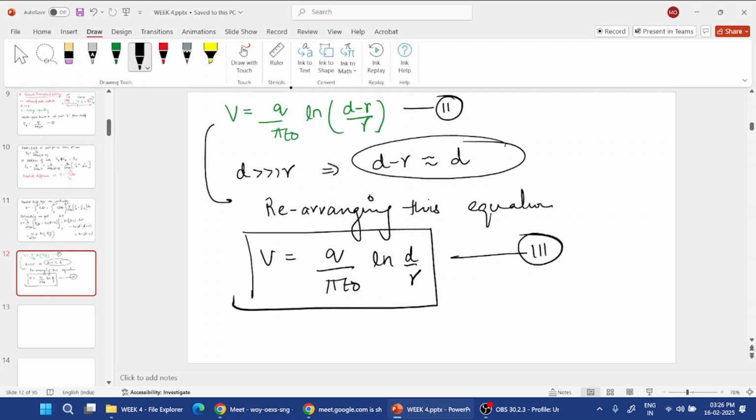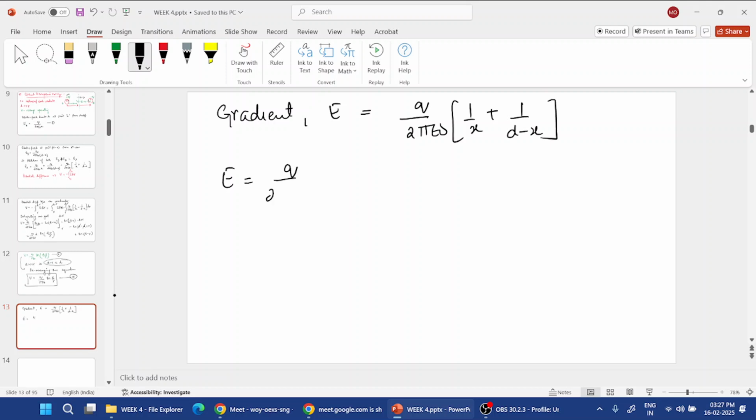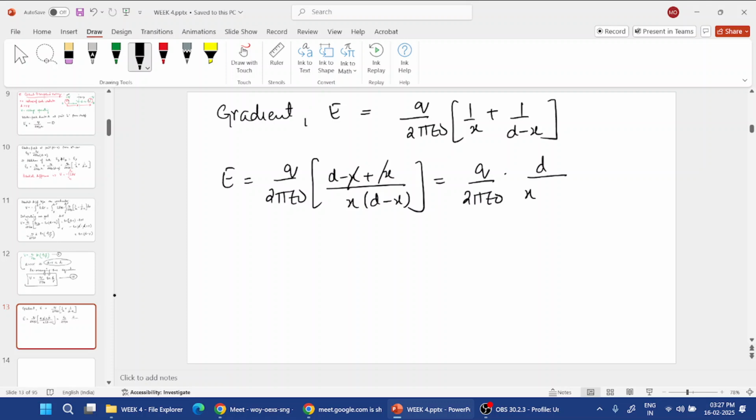Now we just calculated the gradient at any point, which is the electric field: E = Q/(2πε₀) (1/x + 1/(d−x)). E = Q/(2πε₀) (d−x+x)/(x(d−x)) = Q/(2πε₀) · d/(x(d−x)). I hope it is quite understandable to you.